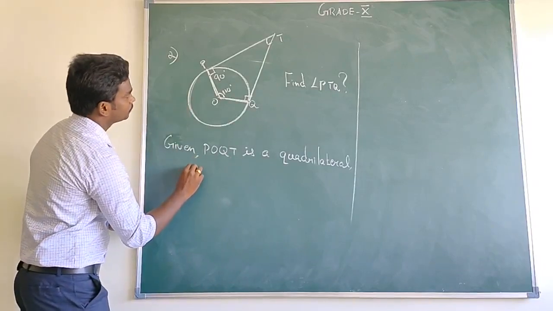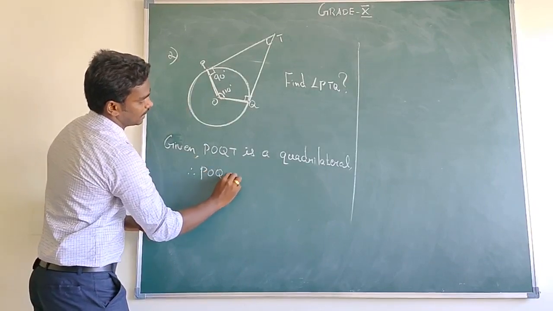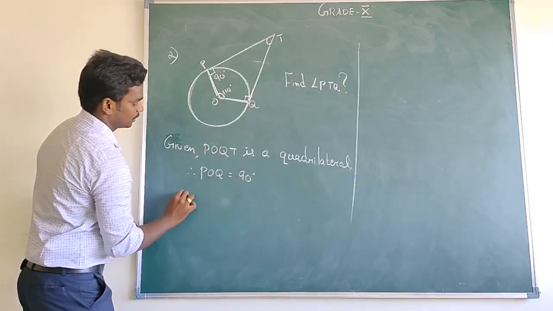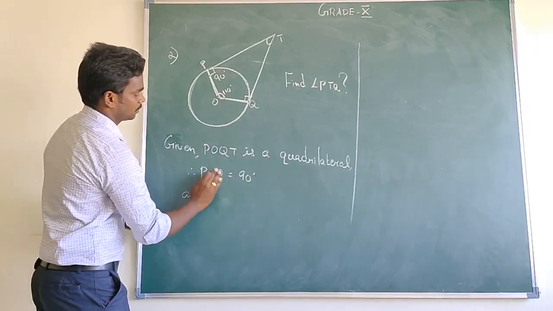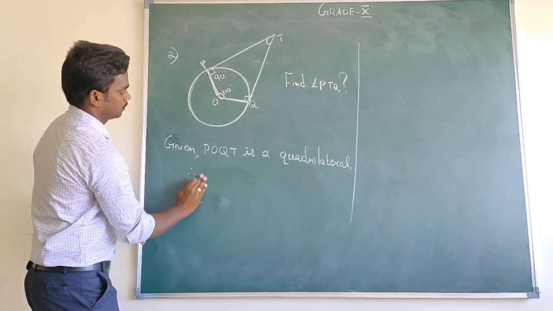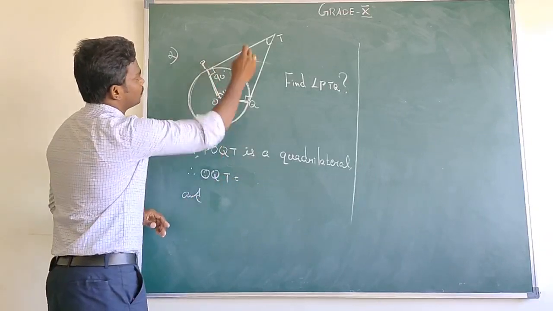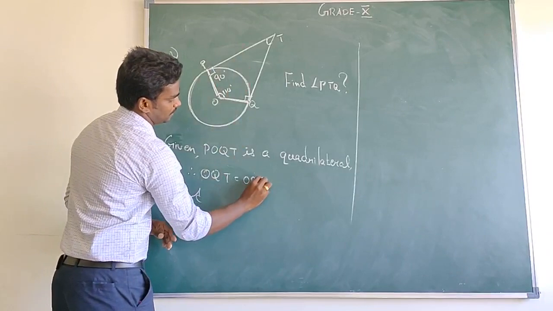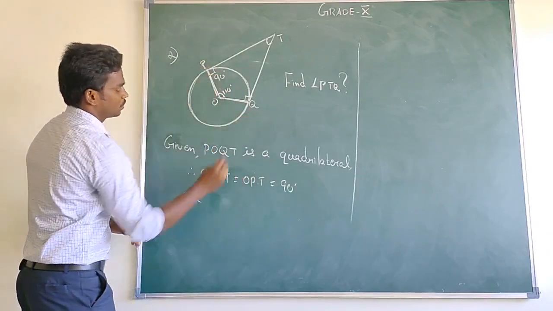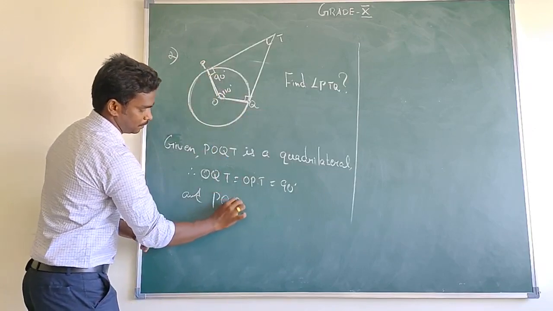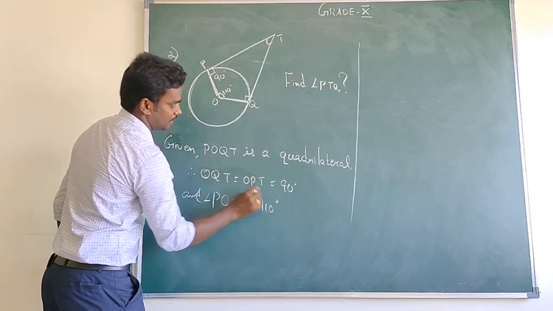So therefore POQ is equal to 90 degree and OQP is equal to OPP is equal to 90 degree is given, and angle POQ is equal to 110 degree.